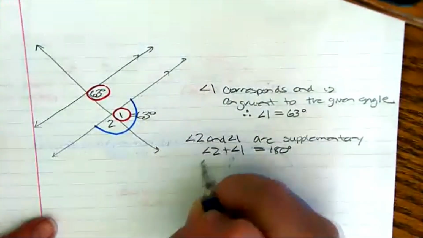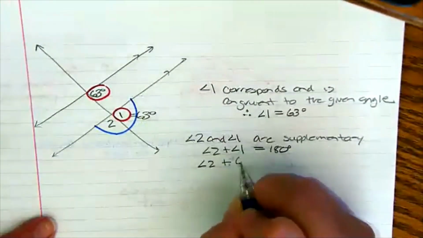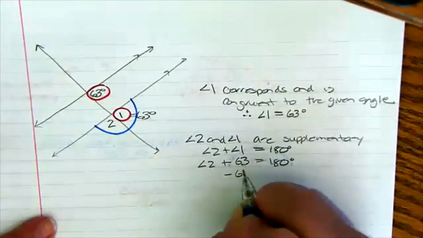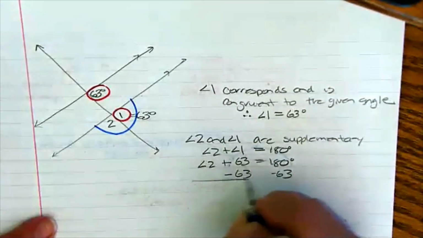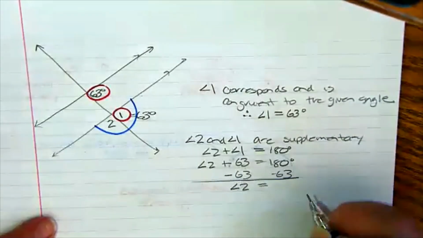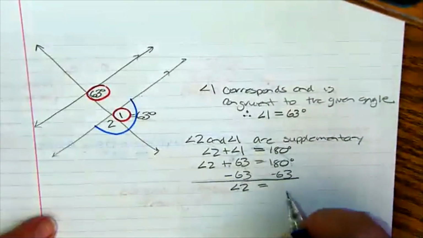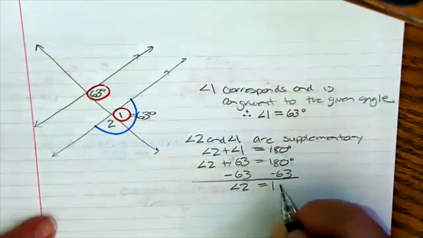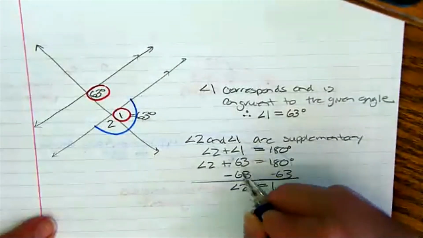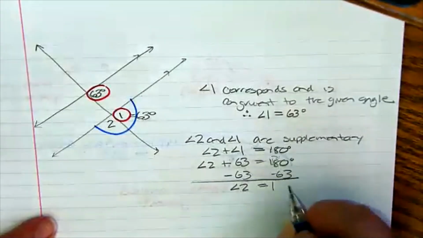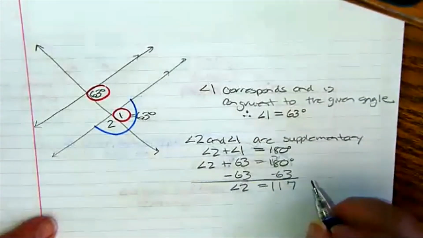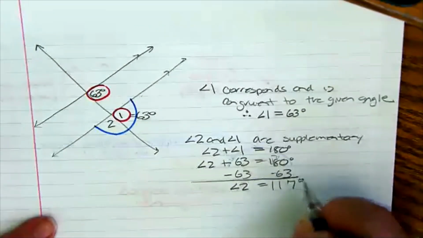So angle 2 plus 63 degrees equals 180. And now this is basic algebra. Angle 2 is equal to 180 minus 63, which is 117 degrees.